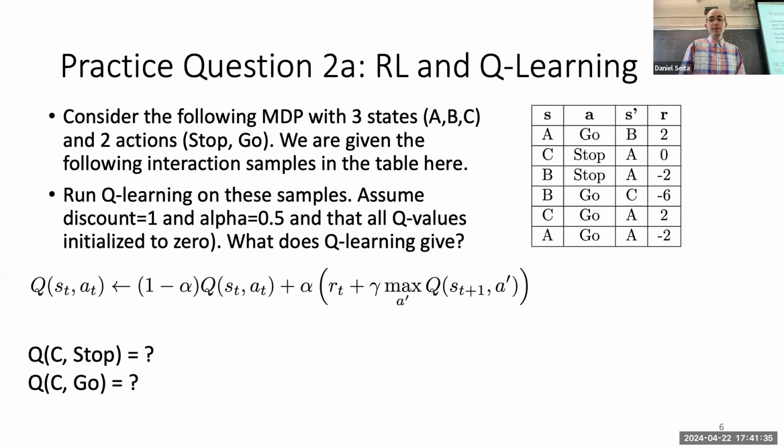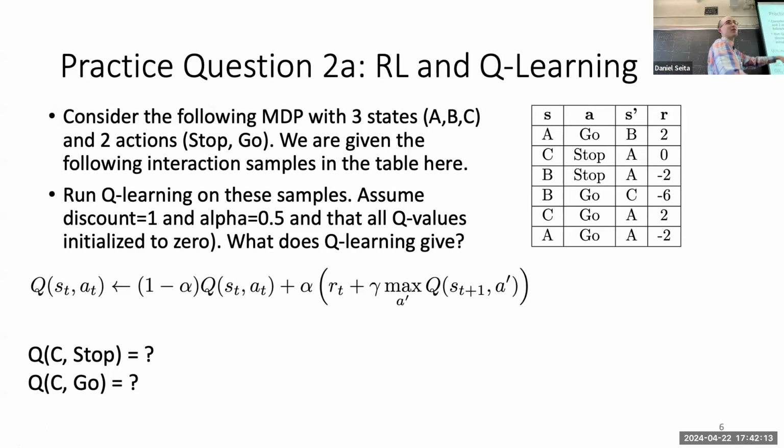So, reinforcement learning and Q learning. Consider the following MDP with 3 states and 2 actions. You're given the following interaction samples in the table here: the state, the action, the next state, and the reward we get during that state, action, next state transition. So there are 6 interaction data points, as if the agent ran in the environment and we have 6 data points.